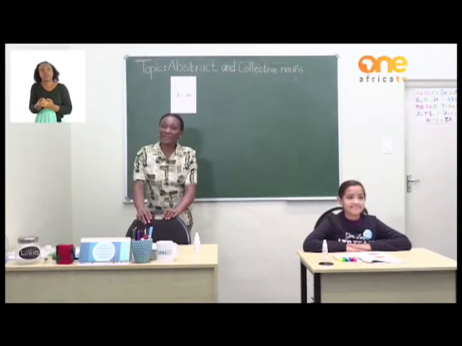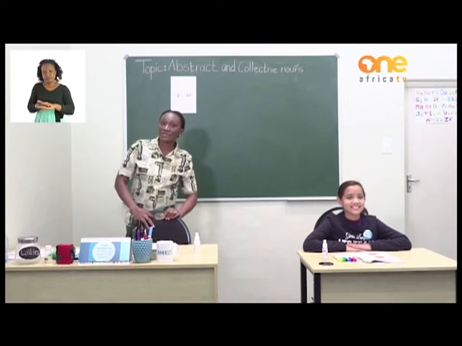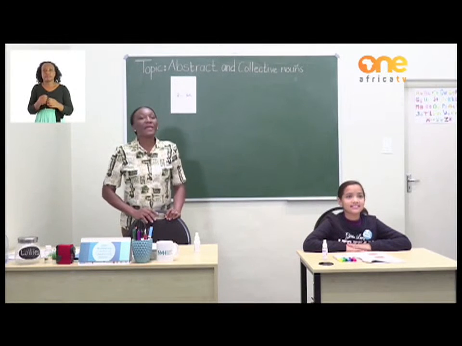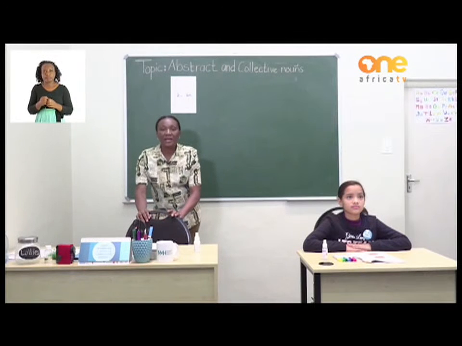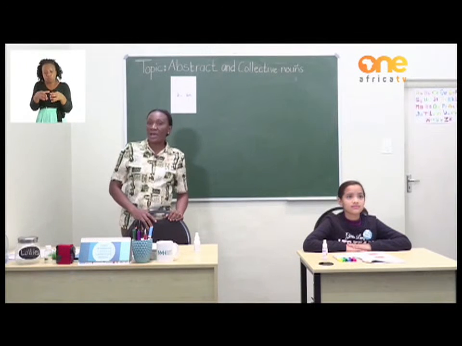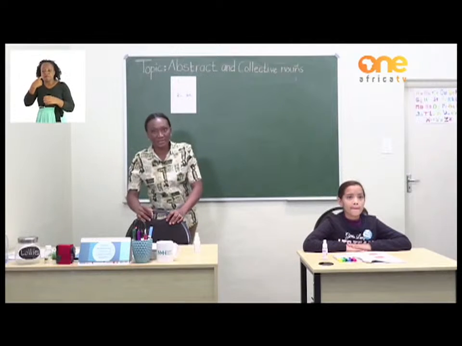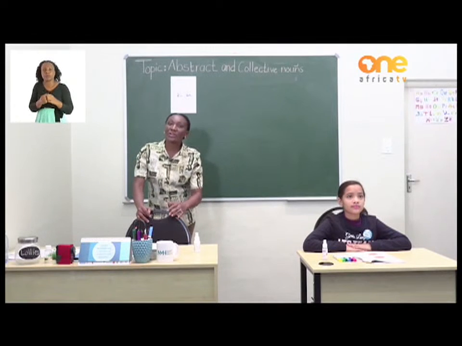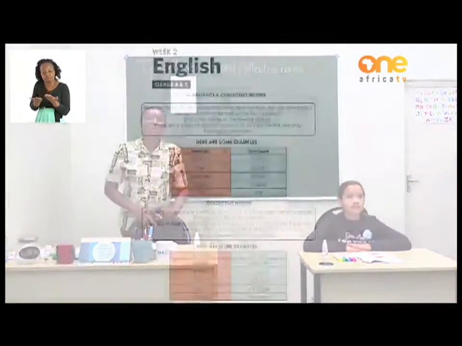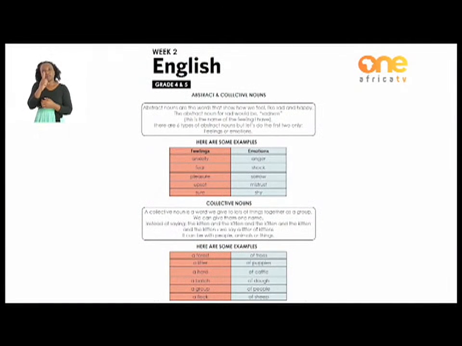Well, I have a few examples of collective nouns. For example, a flight of stairs, a school of fish, a pride of lions. Let us look on page 16 at the few examples of collective nouns. As you can see, it's written there.